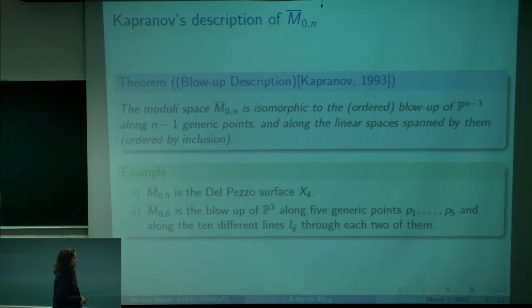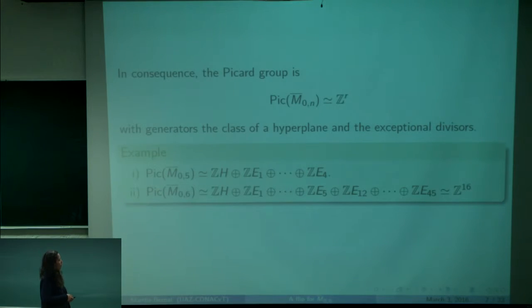So we have as an example that M0,5 bar is the blow-up of 4 points in P2. That means that M0,5 bar is just the Del Pezzo surface of degree 5. M0,6 bar, on the other hand, is the blow-up of P3 along 5 generic points, and then along 10 lines passing through each pair of points. In consequence, the Picard group is very simple.